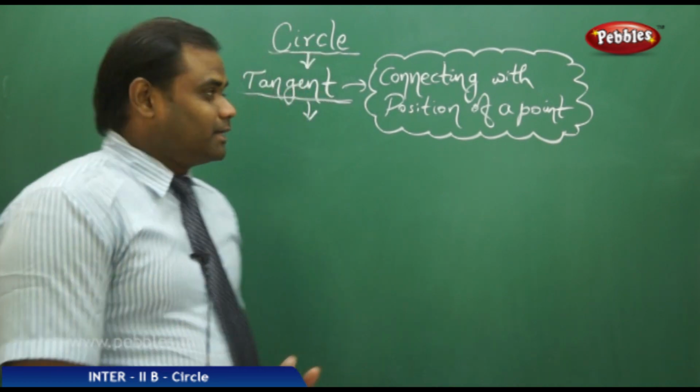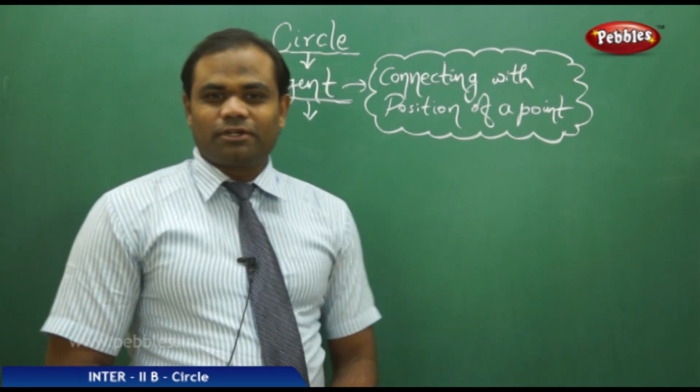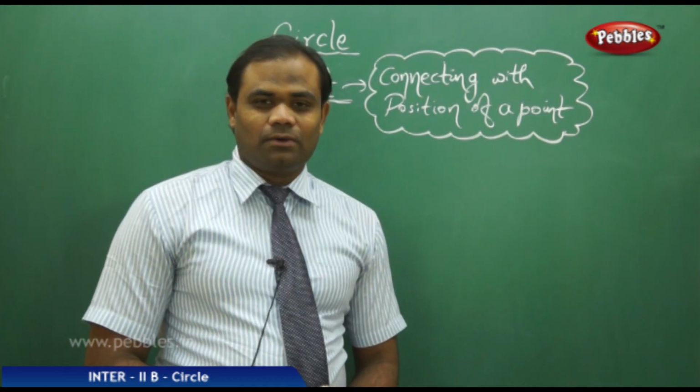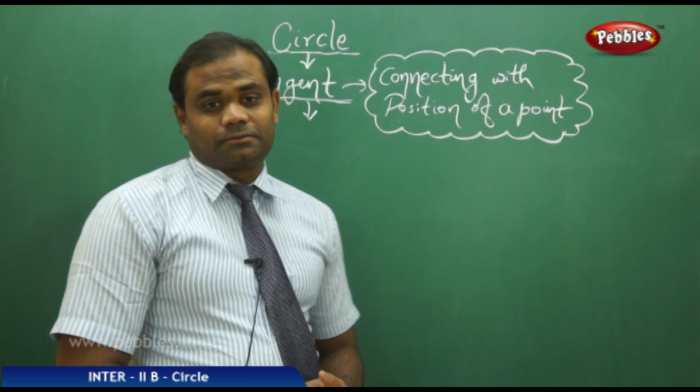Now let's connect the tangent with the position of a point. Now that we have discussed the position of a point, let's see how we can connect that with the tangent.